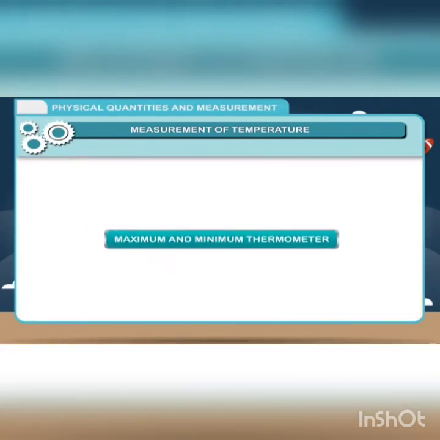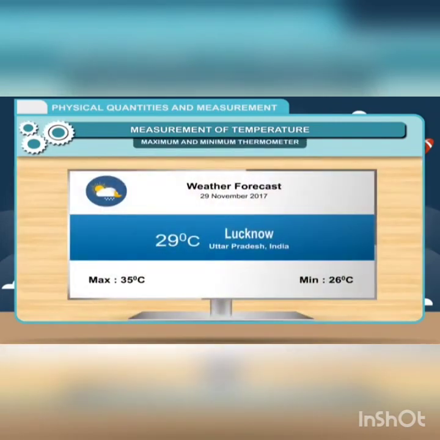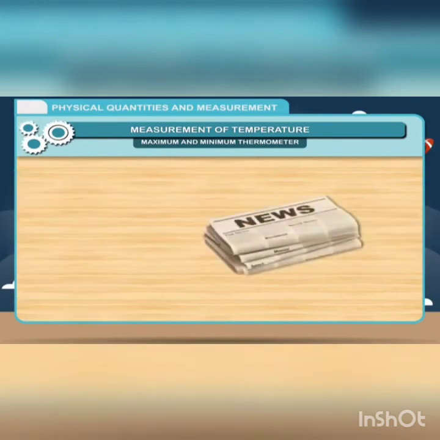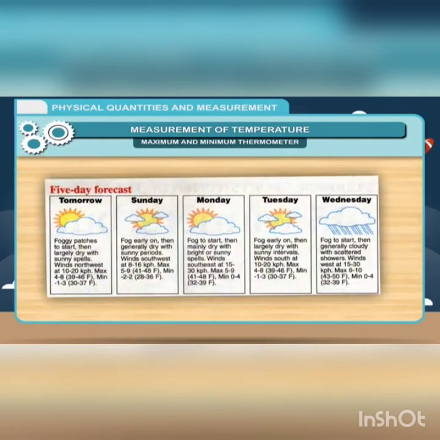Maximum and minimum thermometer. You must have seen the maximum and the minimum temperatures recorded in various metropolitan cities on your television screen. Similarly, most newspapers give the maximum and minimum temperatures of a city for the previous day under the heading of weather report.